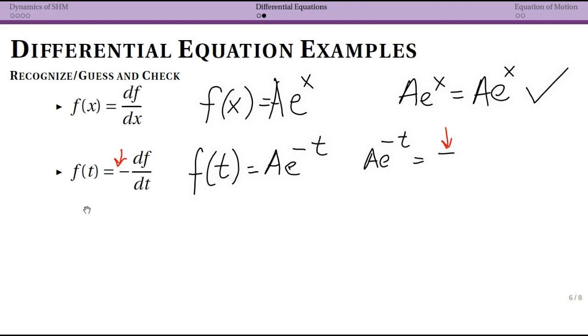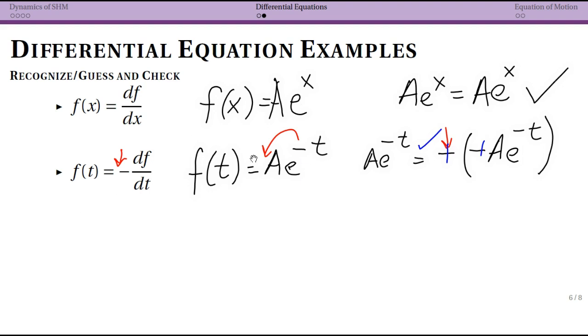The derivative of a e to the negative t, that negative comes down out front. And so I then have negative a e to the negative t. Well, a negative times a negative becomes positive, and hey, look, that's equal. So I found my function here.